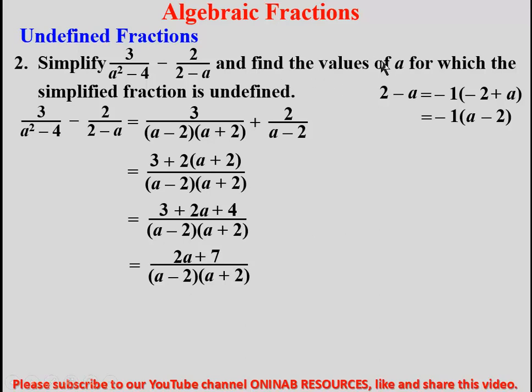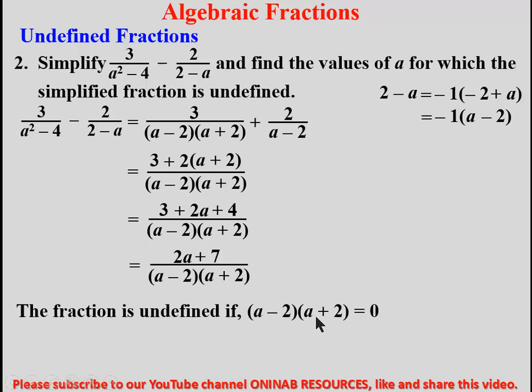Then we go ahead to find the values of a for which the simplified fraction is undefined. So this fraction is undefined if the denominator is equal to 0. That will give us a minus 2 into a plus 2 is equal to 0. To solve this equation, we have a minus 2 equals 0 or a plus 2 equals 0.